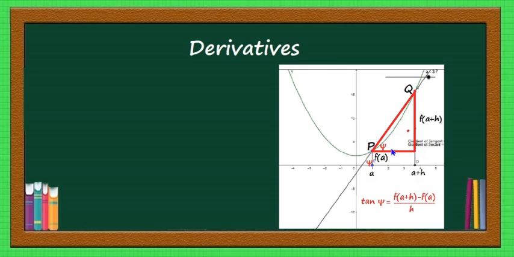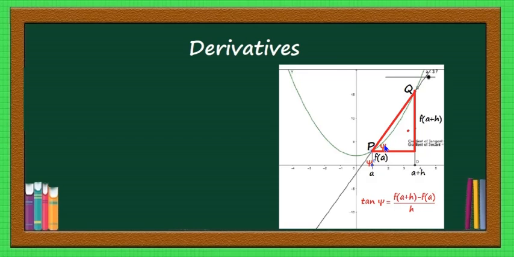Now in this triangle, you can observe what is tan of psi. Tan of psi is opposite side divided by adjacent side, and this side is f of a plus h minus f of a, and adjacent side is h, and thus you will have tan psi is equal to f of a plus h minus f of a divided by h.